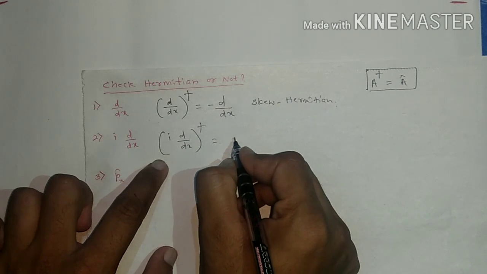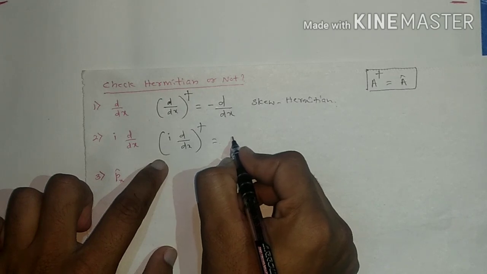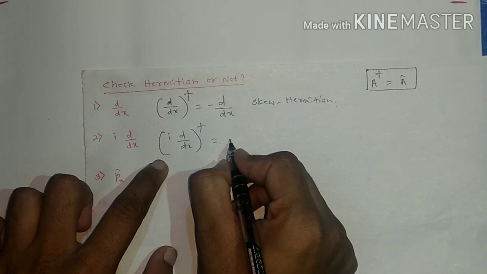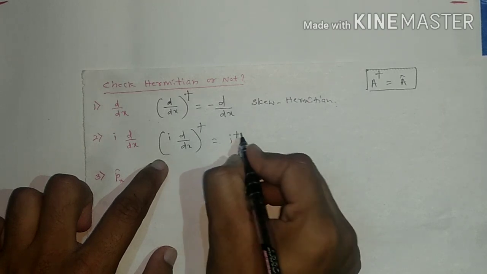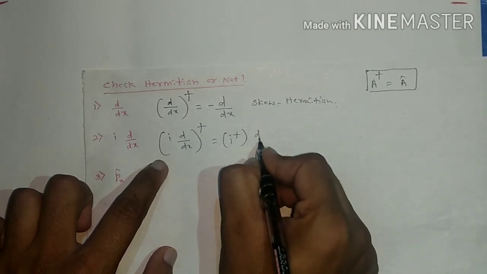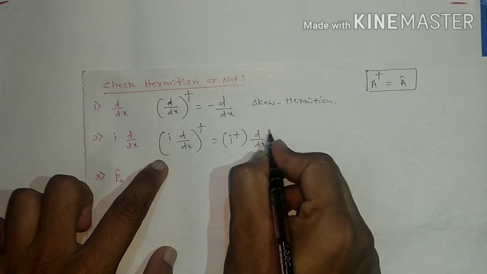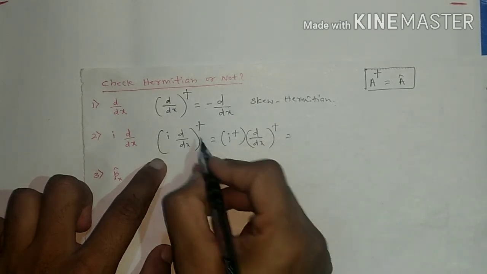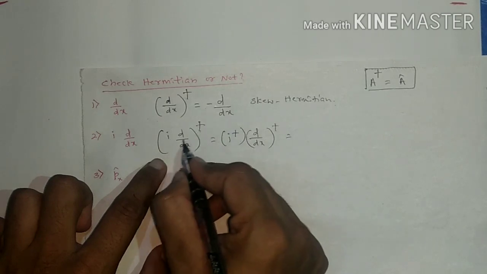This can be written as i dagger times d dx dagger, because the dagger is applied to both.